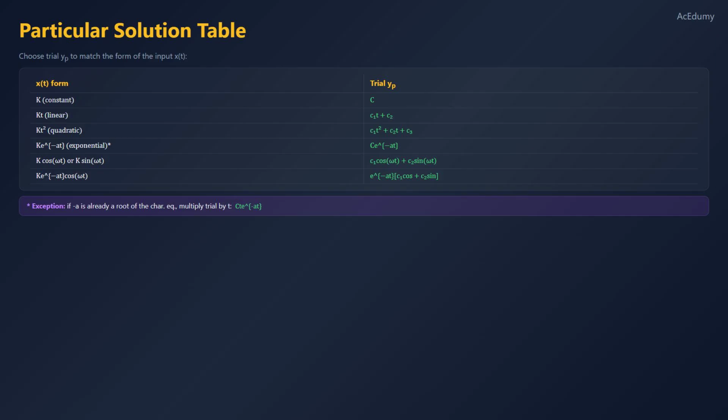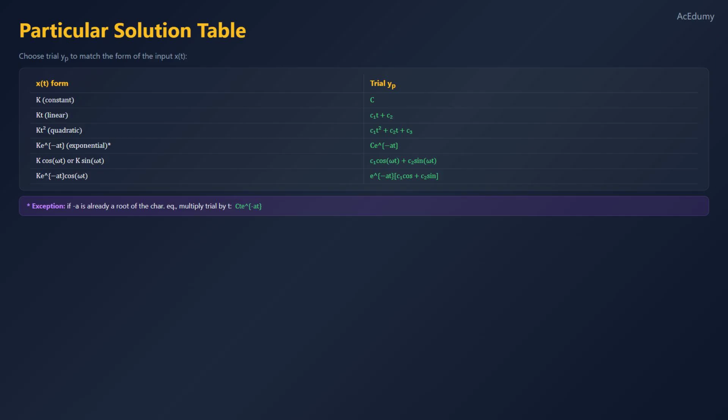The particular solution yp matches the form of the forcing input. We choose a trial function from this table. If x is a constant k, try yp equals c. If x is linear in t, try c1t plus c2.